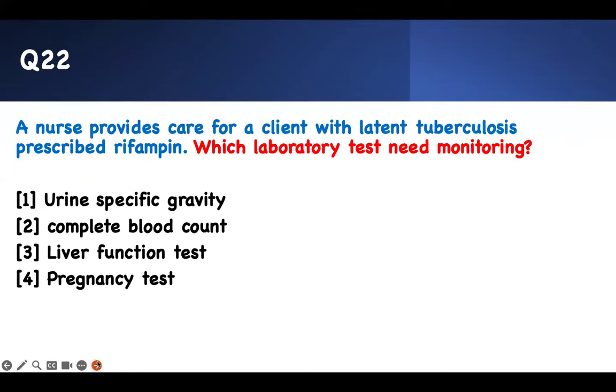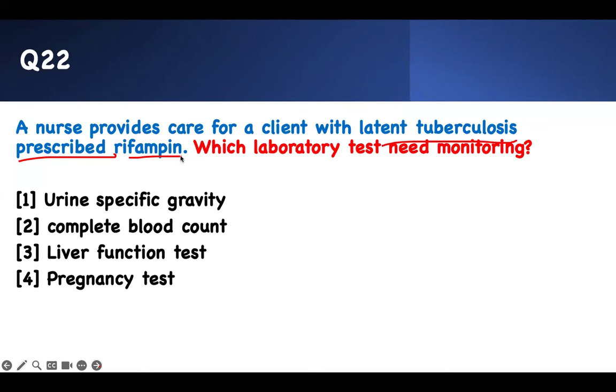Next question. Let's provide care for a client with latent tuberculosis prescribed rifampin. Which laboratory tests need monitoring? You've got to think about this kind of question. When it's very short, it means it's loaded. So you have somebody with latent tuberculosis being prescribed rifampin. What do you do? Do you check their urine specific gravity?